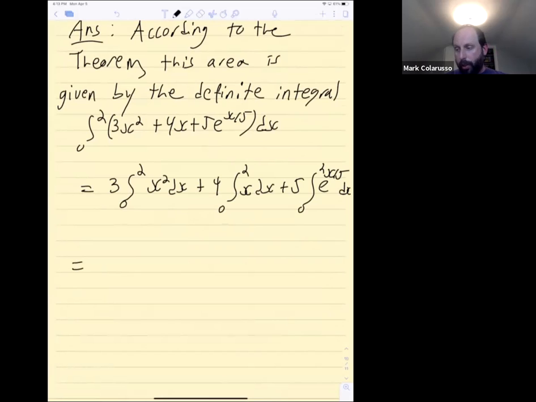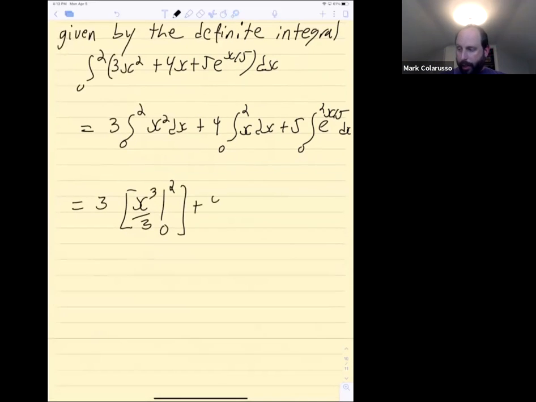Now we know how to do all of these. We need to find an antiderivative of x squared, evaluate at 2, then subtract the result when evaluated at 0. The antiderivative of x squared is x cubed over 3, evaluate at 2, subtract the result at 0. The antiderivative of x is x squared over 2, evaluate at 2, subtract the result at 0.